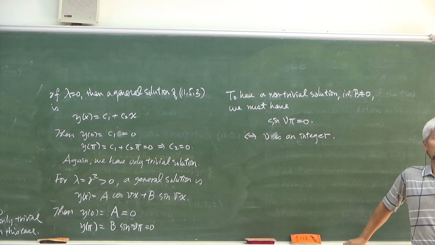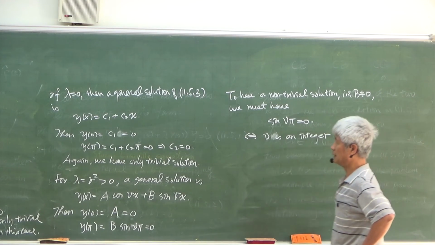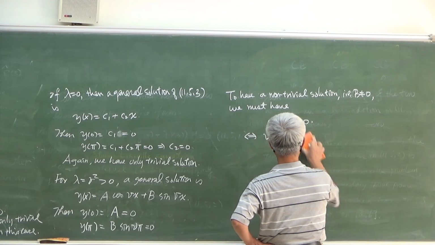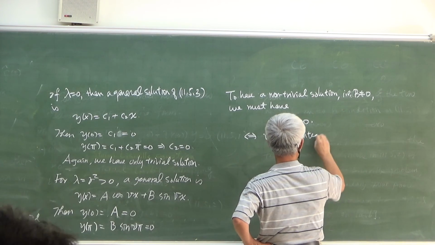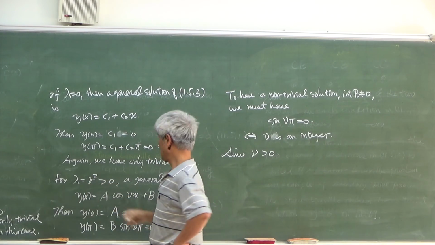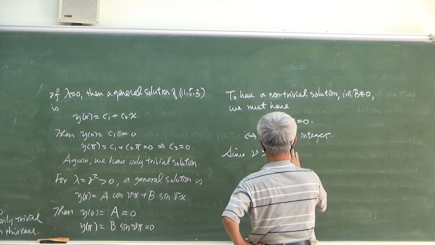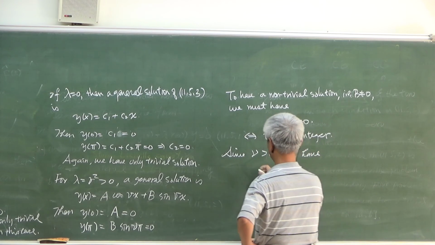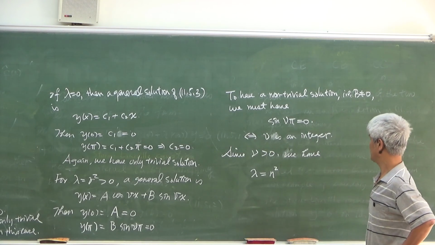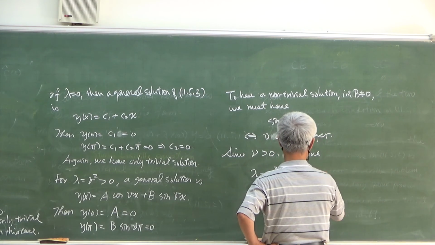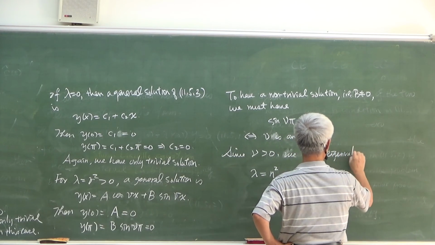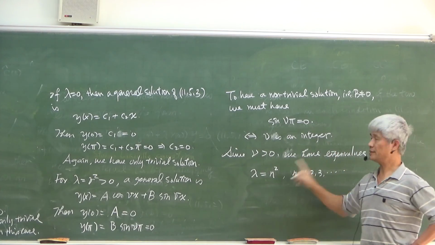Since mu is greater than 0, because here we assume mu is greater than 0, we have lambda is n squared, and the corresponding eigenvalues are n squared.